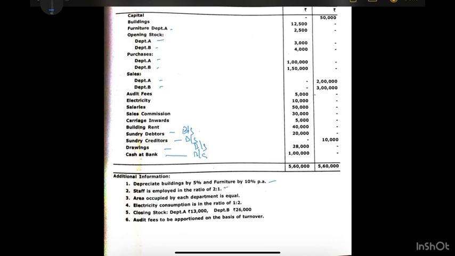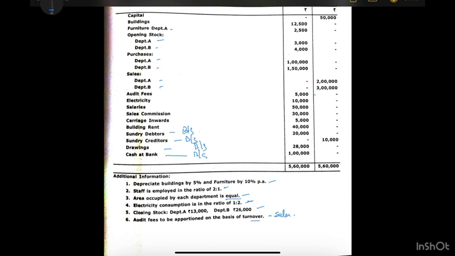Area occupied by each department is equal, so rent, rates and insurance are to be allocated in this ratio. Electricity consumption is in the ratio of 1:2, so lighting and electricity can be considered accordingly. The closing stock of both departments is given here. Audit fees are apportioned on the basis of turnover. Turnover means sales, so the sales ratio is to be taken into consideration.